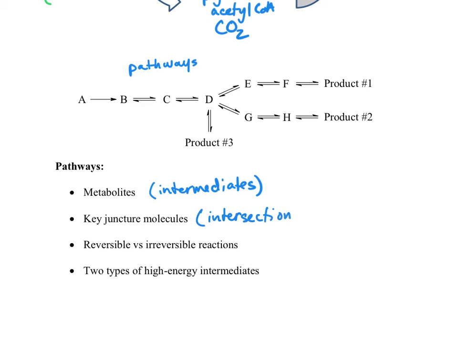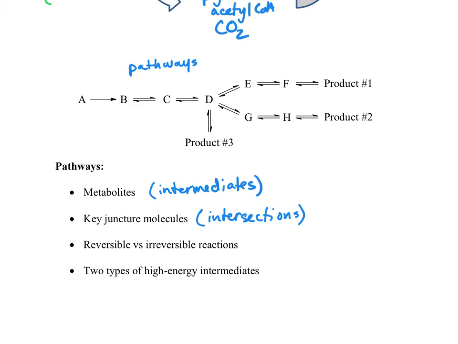If we think of pathways as roads, for instance, then you're going to have places where those 2 roads fork or where they cross each other. And in this case, molecule D, or metabolite D, would be a key juncture molecule because it can lead in 2 different directions. We also have irreversible and reversible directions.